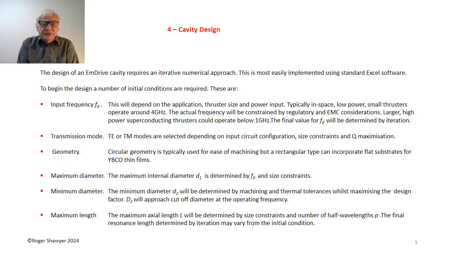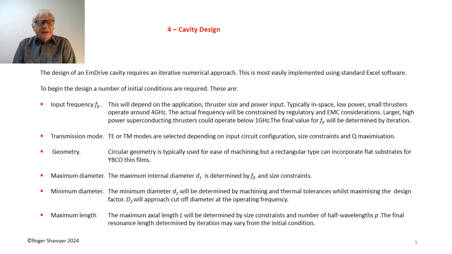We'll attempt to approach the cutoff diameter at the operating frequency, but there will always have to be a margin to, as I say, allow for tolerances and thermal specifications.